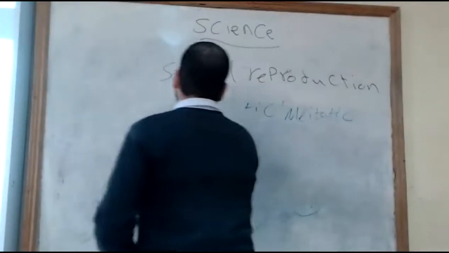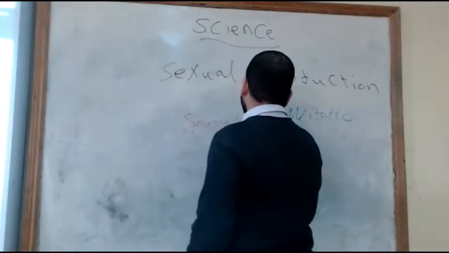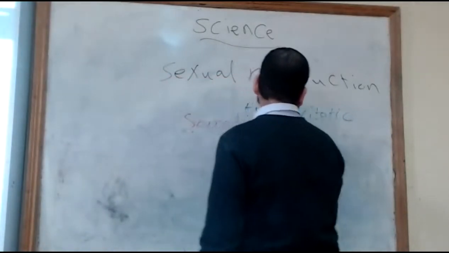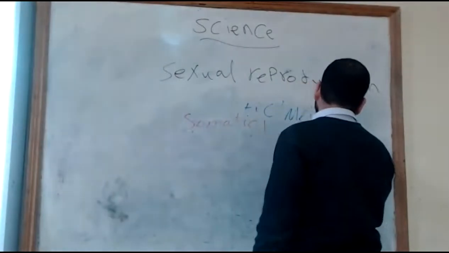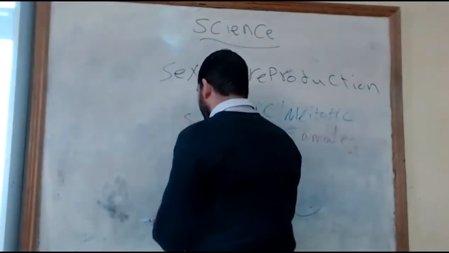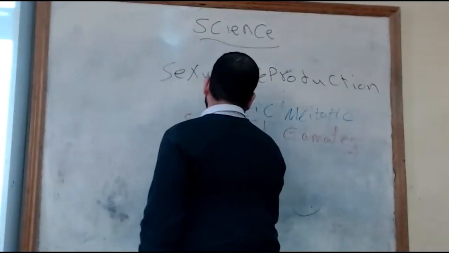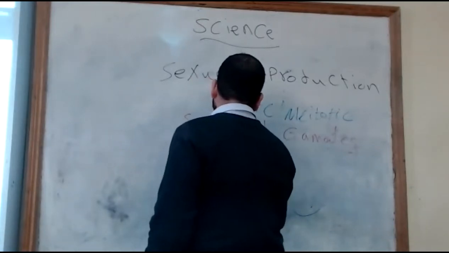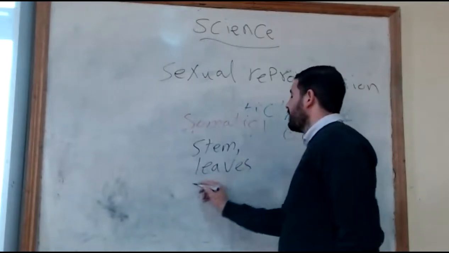In plants, there are somatic cells and cells of gametes. Somatic cells are like the cells of the stem, leaves, or even roots.